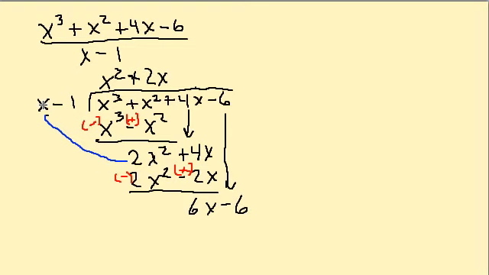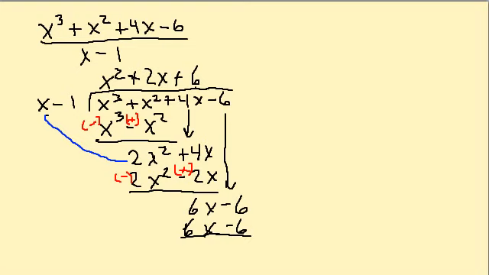Then we say, what do we multiply to x to get 6x? Well, that's 6. So then we multiply the 6 times x minus 1. So 6 times x is 6x. 6 times minus 1 is minus 6.